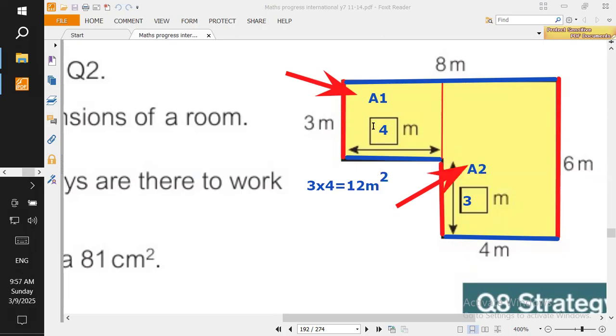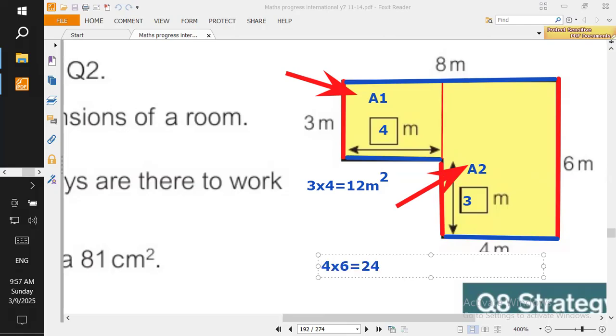So this one is 12 meters squared. And this one here, the area or A2, I have to multiply the width by the length, which is 4 by 6. And when I say width and length, it has to be the total or the whole width and length. I can't use 3 because I'm missing this line. So I have to use the whole lines here, 4 and 6. So I'm going to multiply 4 by 6.